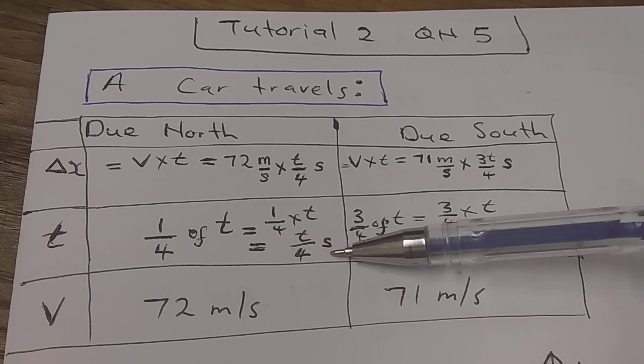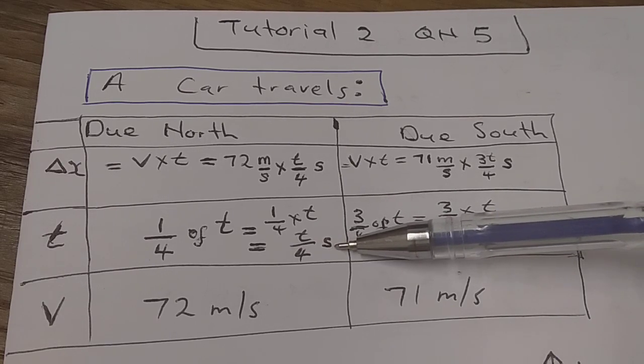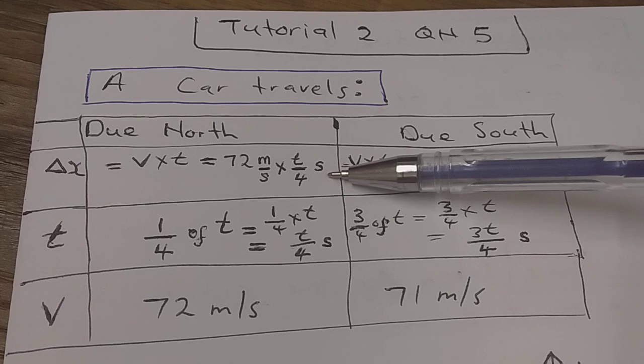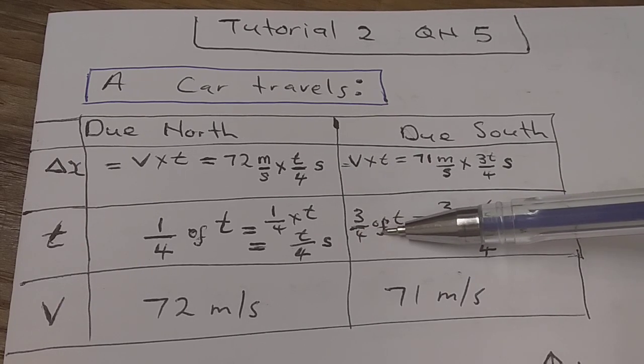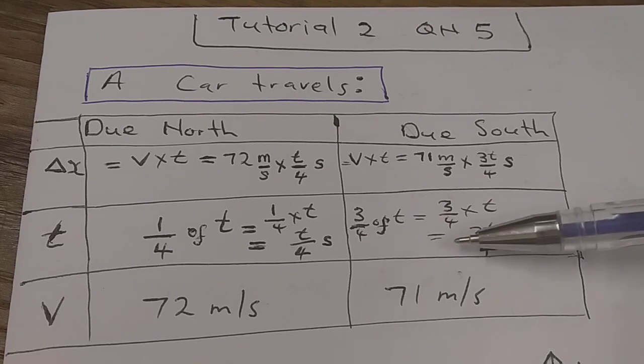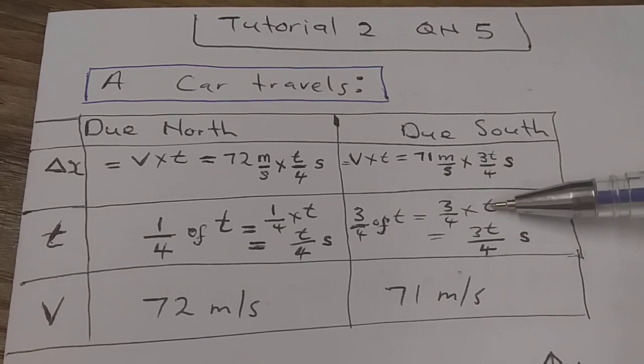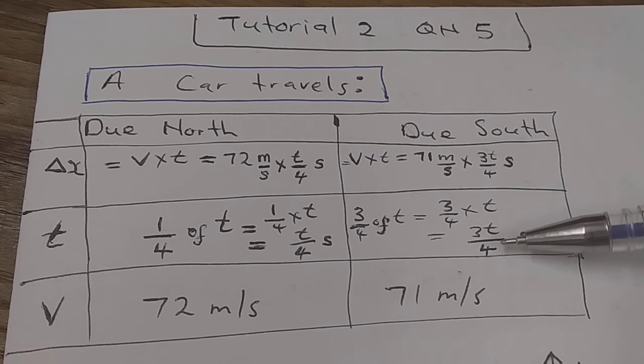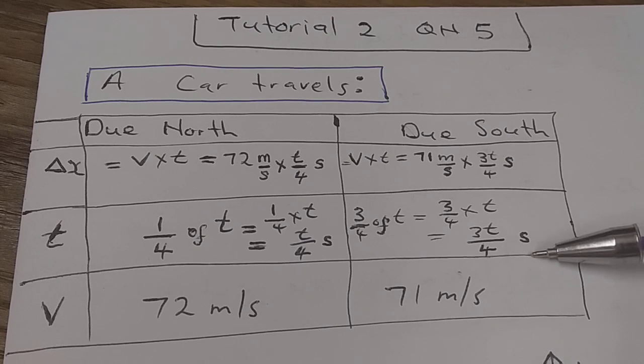t/4 seconds. That was the time taken as the car moved due north. Same applies to due south: 3/4 of t is equal to 3/4 multiplied by t, which is 3t/4 seconds.